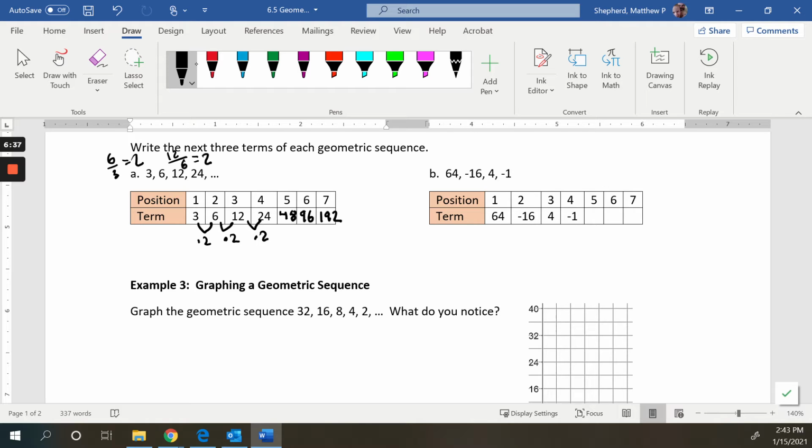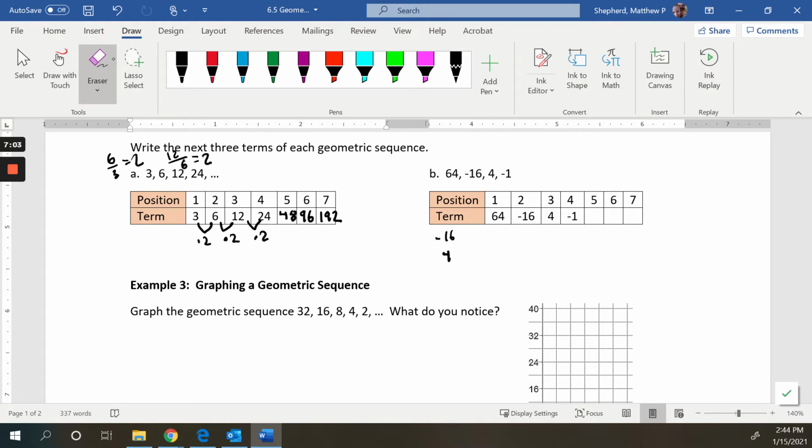Okay, now with this next one, if I try to do negative 16 minus 64, that'll give me negative 80. And then 4 minus negative 16 would give me 20. This is definitely not arithmetic. When I do my subtraction, I do not get the same number.